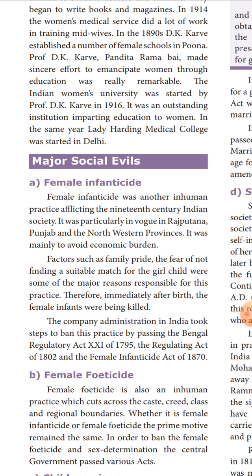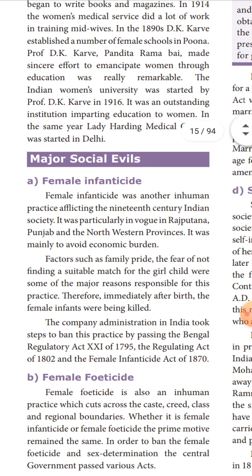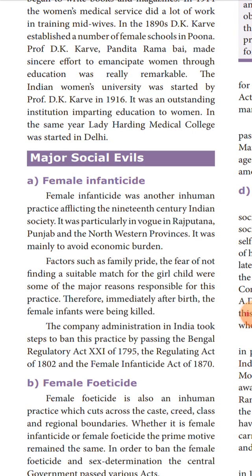So what does it mean by female infanticide? Killing newborn girl babies immediately. That is female infanticide. It was an inhuman activity, an evil practice that affected Indian society in the 19th century.